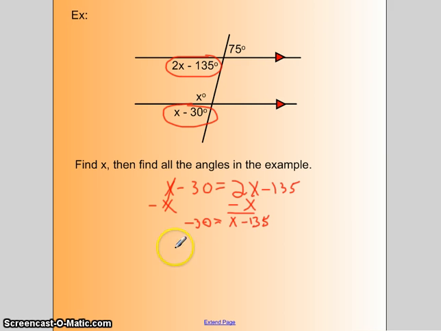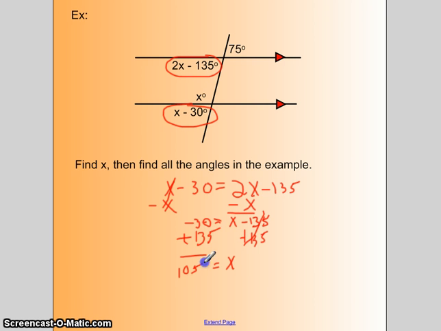Now I need to take the 135 over, so the opposite of subtracting 135 would be to add 135. So we're going to add 135 to both sides. Adding the 135 out over here gives us x equals, looks like, 105.